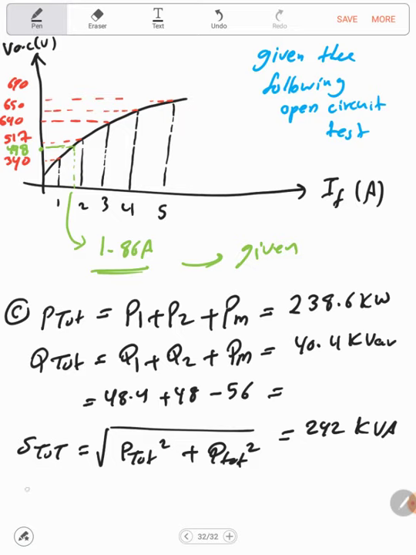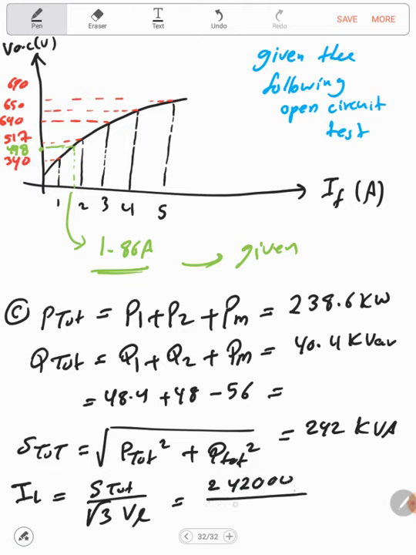So now we can calculate the line current consumed by the facility, which equal S total over square root of 3 V line. So this will equal to 242 over square root of 3 multiplied by 460, and this will equal 303.73 ampere.